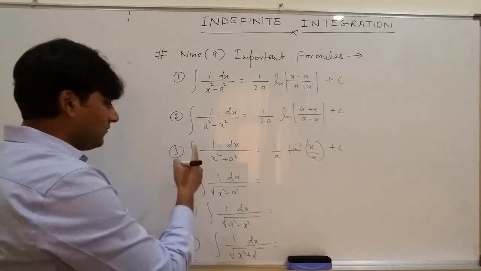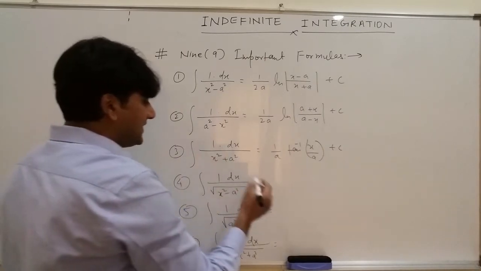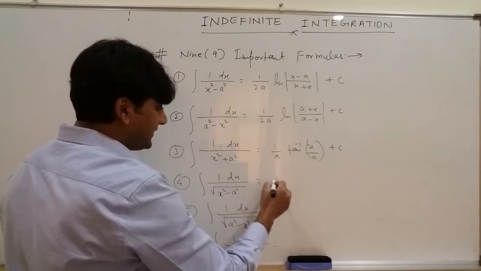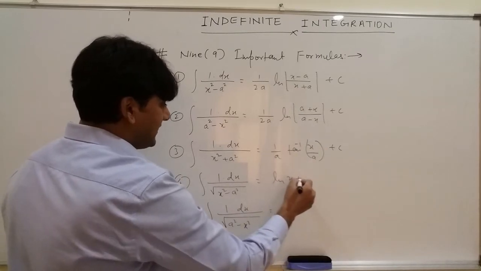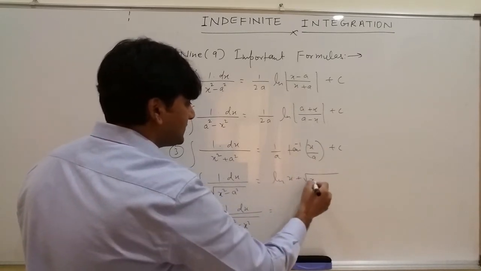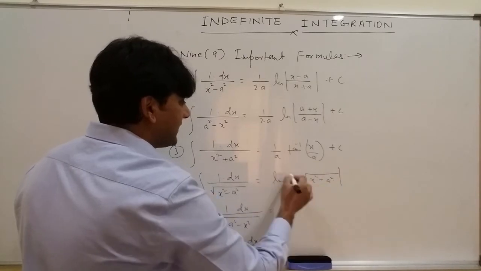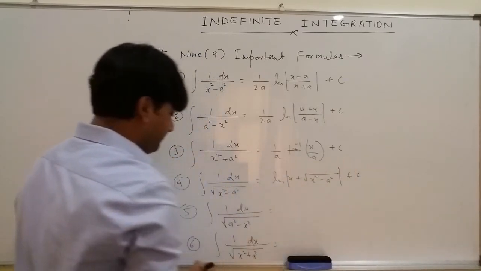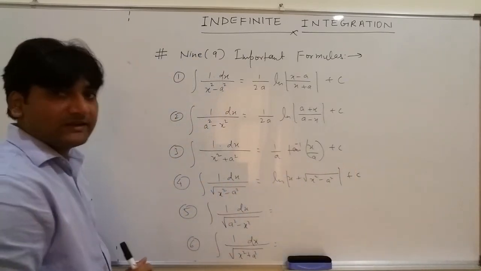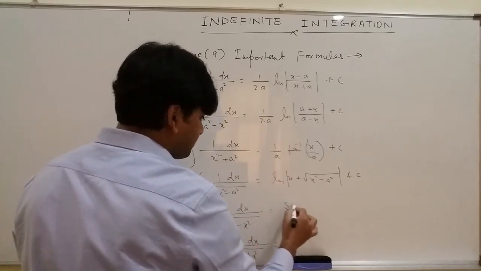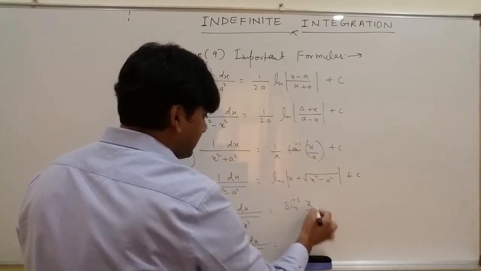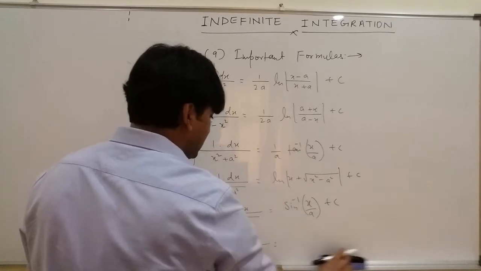Okay. Now 1 upon root x square minus a square. It has ln x plus root x square minus a square plus c. 1 upon root a square minus x square, which is sin inverse x by a plus c.